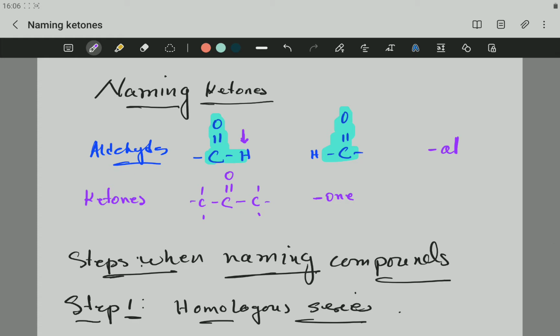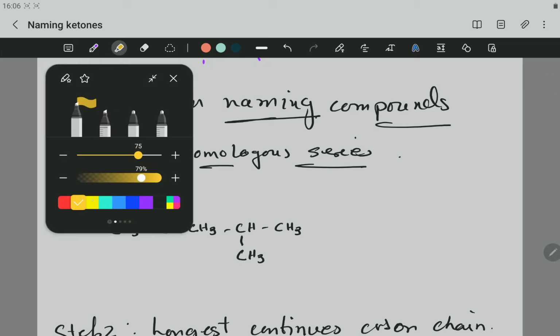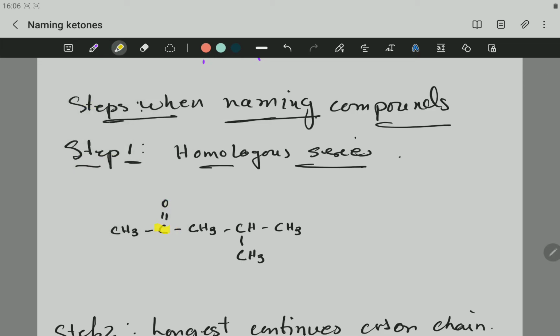Okay, so we're going to see how we follow the steps. It's the same steps as before for ketones. The first one is the homologous series. So we have to find out which homologous series it is. Here you can see the functional group. It's a carbon bonded to oxygen, with a carbon on the left and a carbon on the right-hand side.